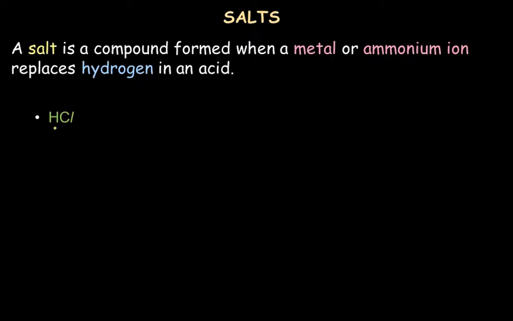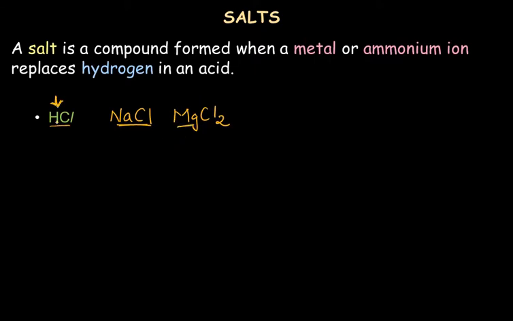For example, if we have hydrogen chloride, that is hydrochloric acid, then the hydrogen is replaced by a metal, for example sodium. So if hydrogen is replaced by sodium, then NaCl, that is sodium chloride, is formed. Or we can say magnesium chloride is formed when the hydrogen is replaced by the metal magnesium.